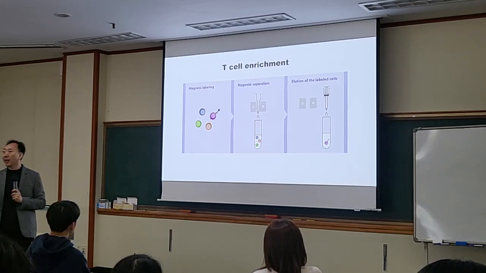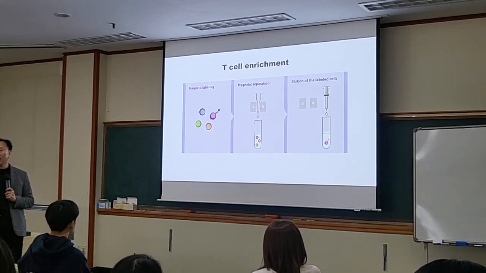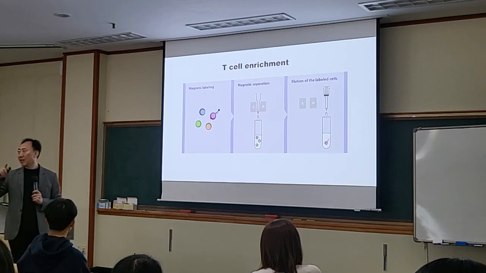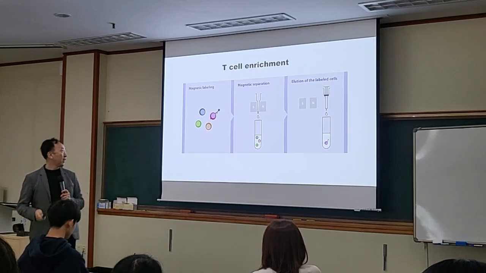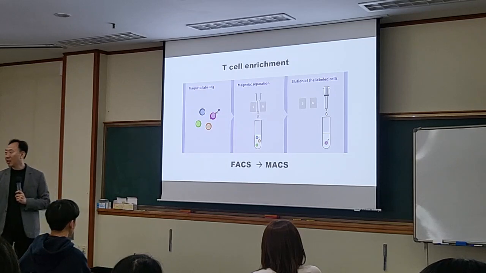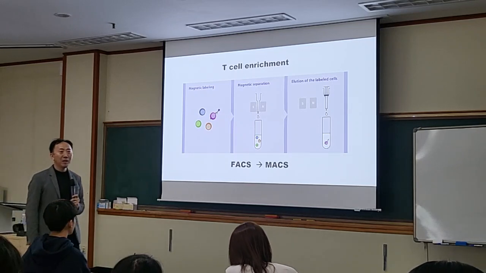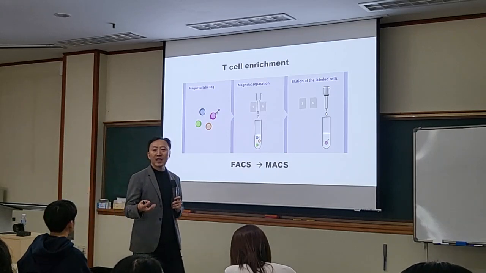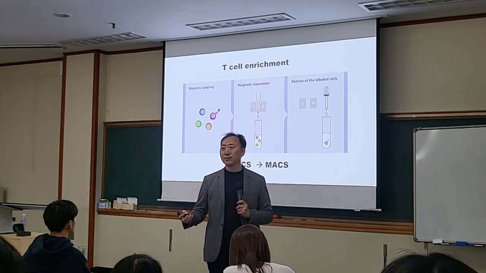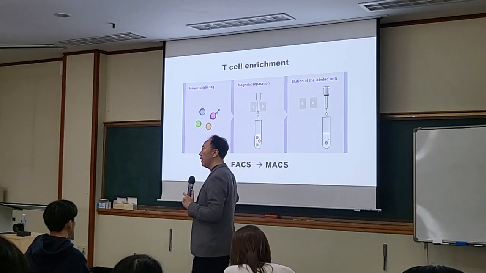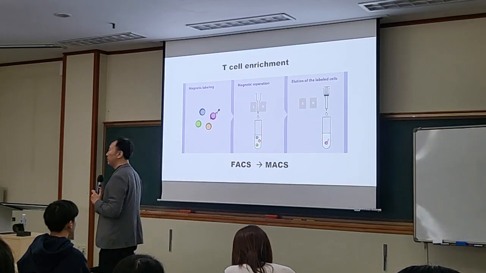This is a kind of negative selection, and the previous one was fluorescence activated cell sorting, FACS. Now this is magnetic activated cell sorting, MACS. If you hear negative MACS, that means you only keep your target cell untouched, and all other cells you remove by magnetic field.